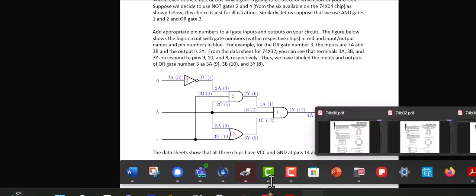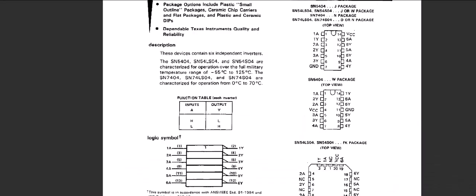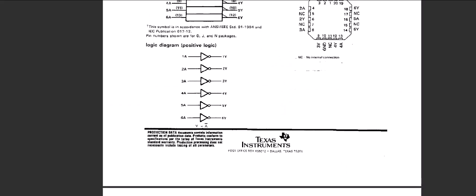So that's for the inverter. So the inverter is the NOT. And so 1A, and I know this, if I didn't know it already, if I scroll down, then I can see that 1A is the input, 1Y is the output, 2A is the input, 2Y is the output.